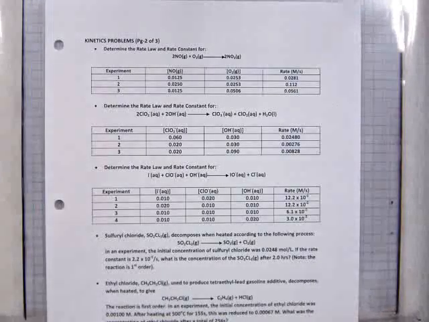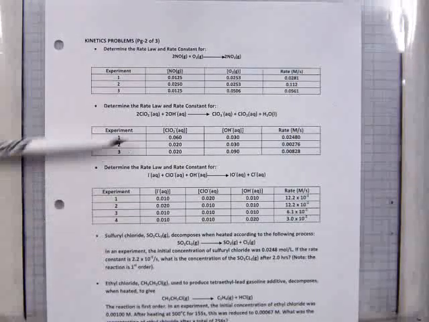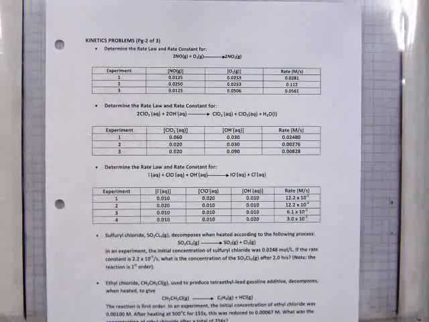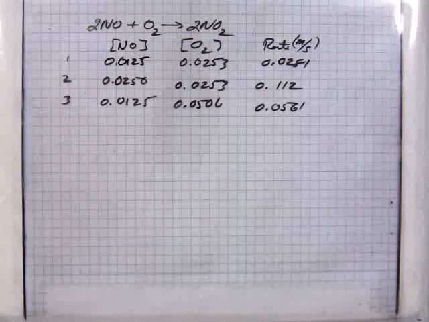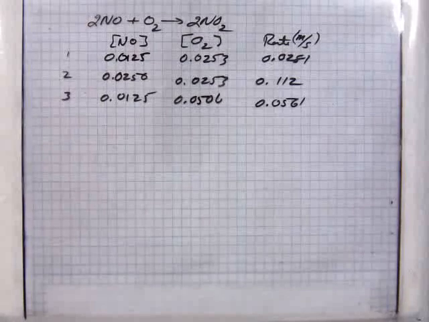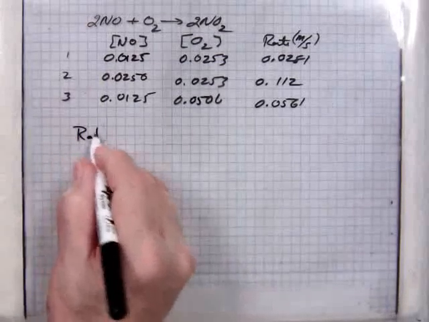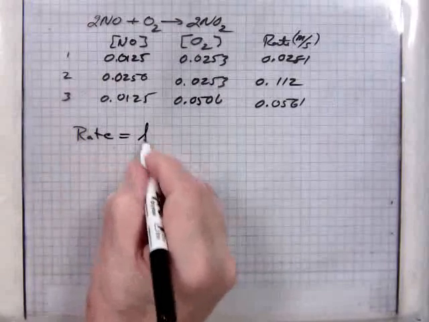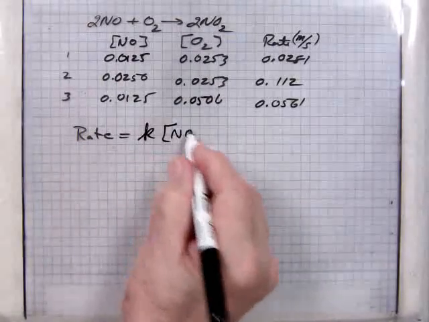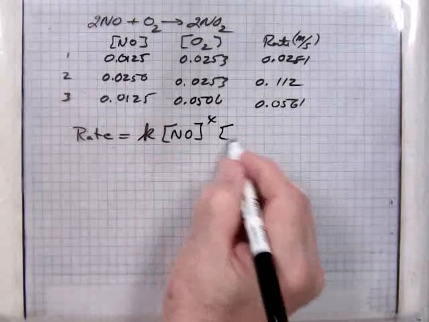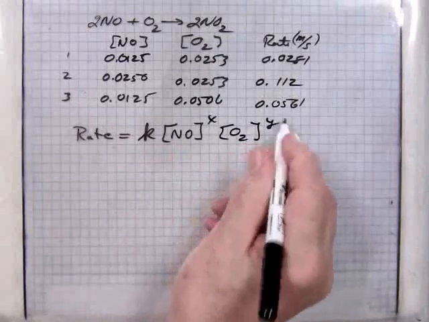Notice each one of them will give you a set of data, and you hold one constant and vary the other one. Then when you finish that one, go back and hold the other one constant and vary the one you started with. So we begin by writing the empirical rate expression: NO to the X power and O2 to the Y power.